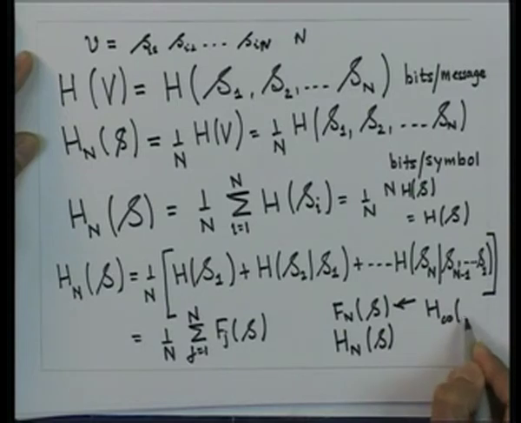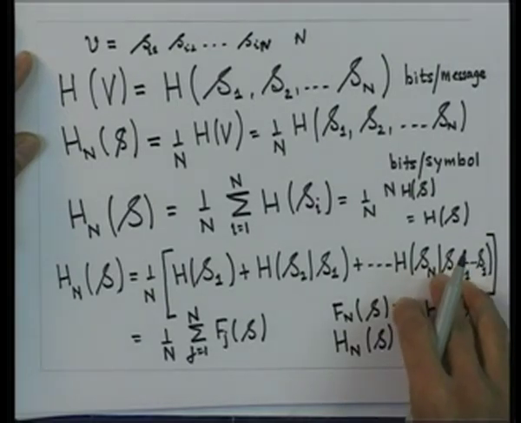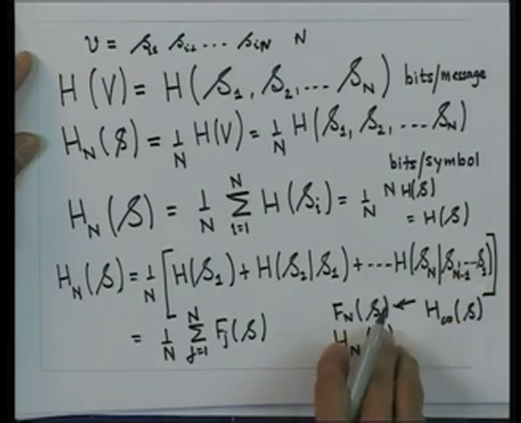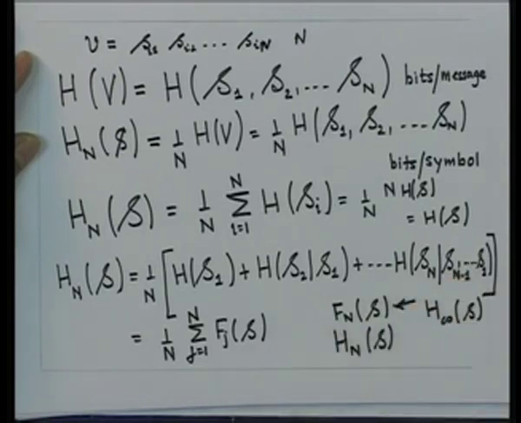The limiting value of Fn(S), we have seen, was H infinity S, and this was the entropy of a Markov source, so that is what we have defined. Now we can also show that the limiting value of H_N(S) as N tends to infinity also turns out to be H infinity S. We will try to prove this in the next lecture.